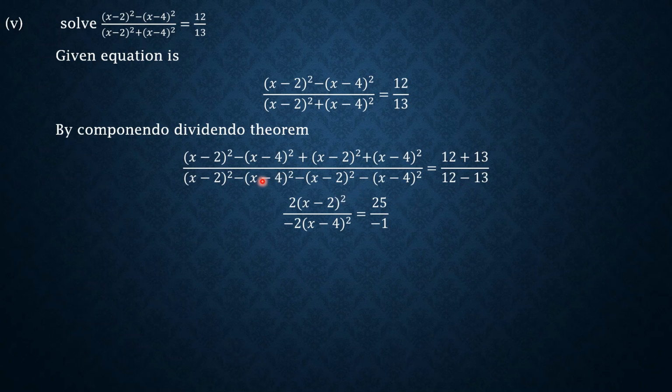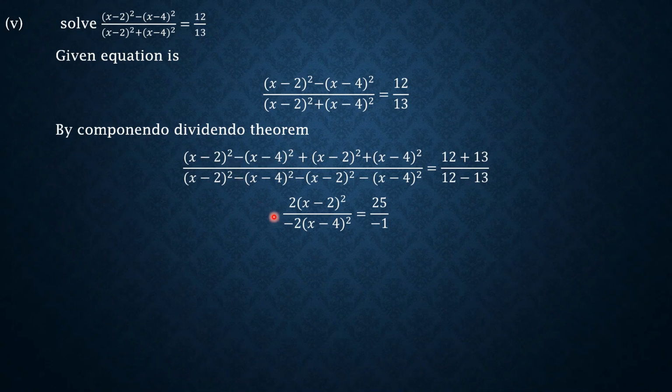So after simplification, x minus 2 whole square plus x minus 2 whole square will give us 2 into x minus 2 whole square, and minus into x minus 4 whole square plus into x minus 4 whole square will be cancelled by each other due to opposite signs.